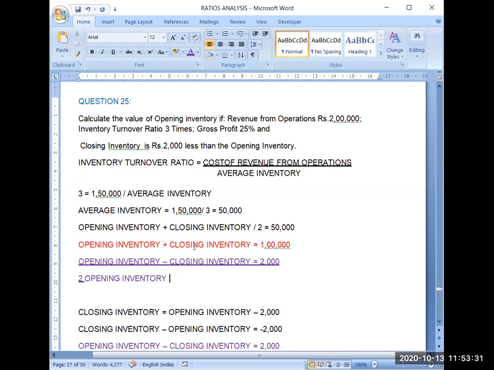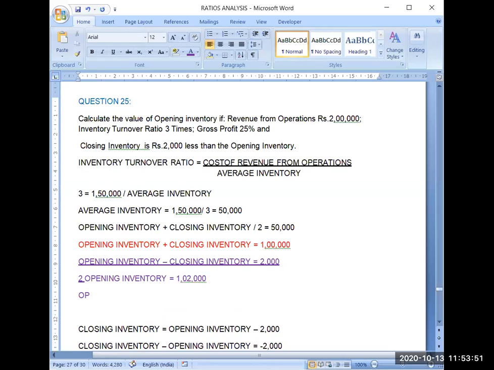That's why this closing inventory will cut this closing inventory. It is equal to 1,02,000. I hope you all are getting it. So it will become 1,02,000 because I am adding it.